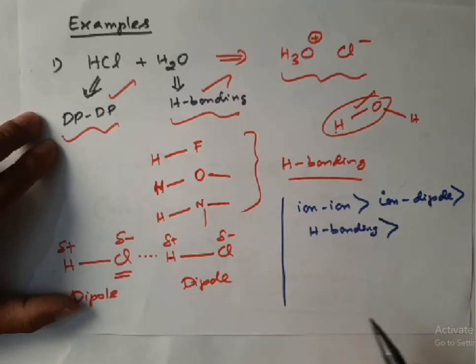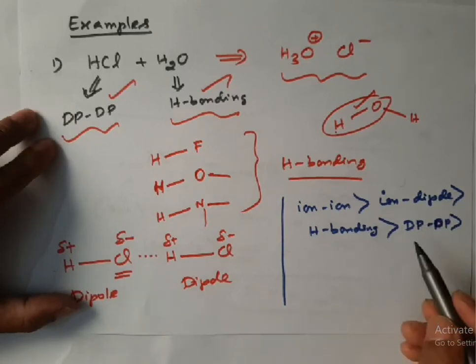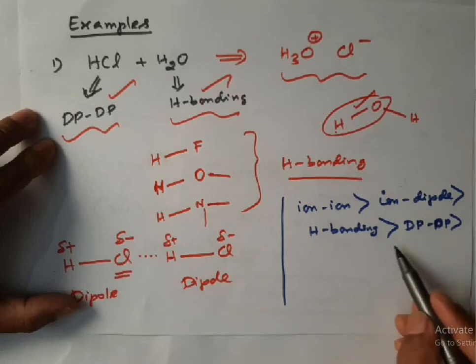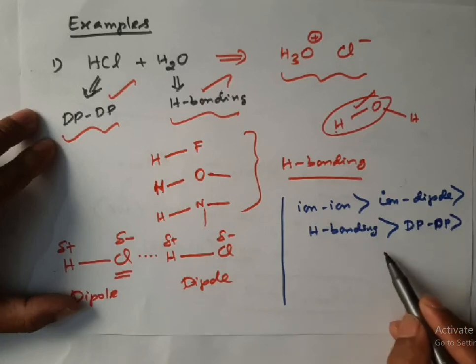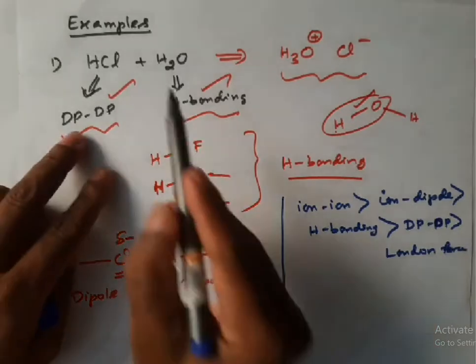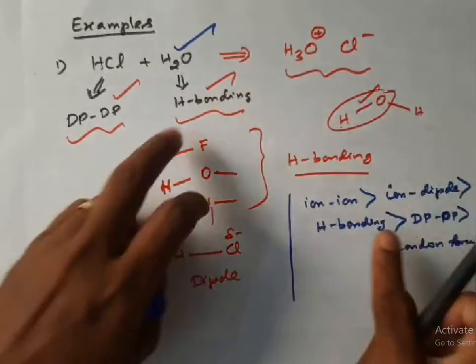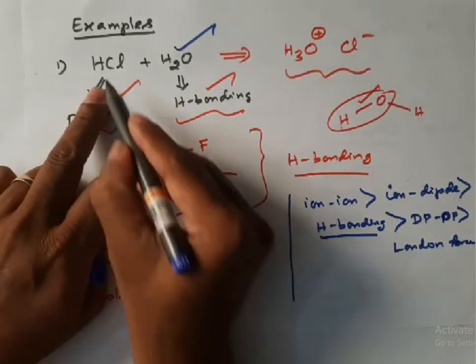Hydrogen bonding attraction is stronger than dipole-dipole attraction, and like that it goes: dipole-dipole attraction, then London forces. This is the order.